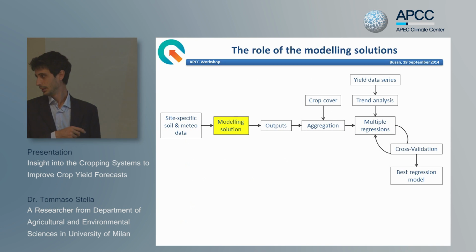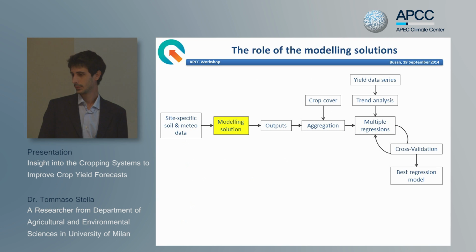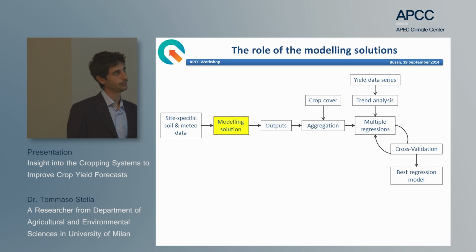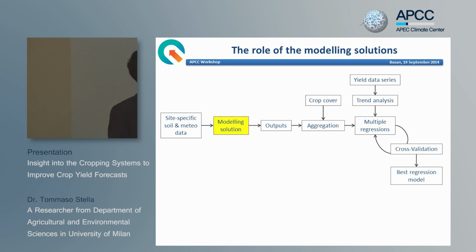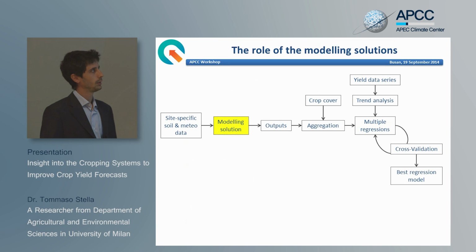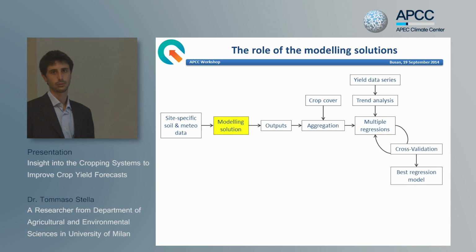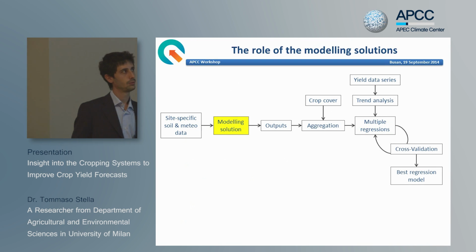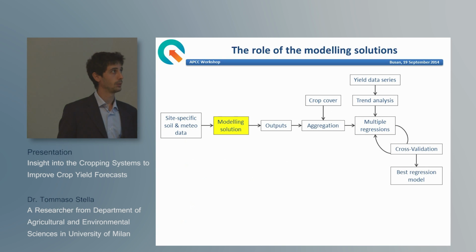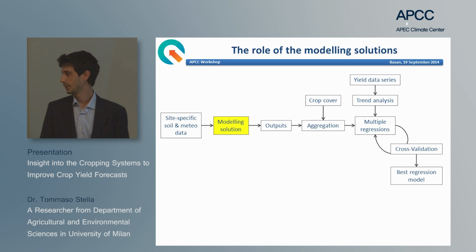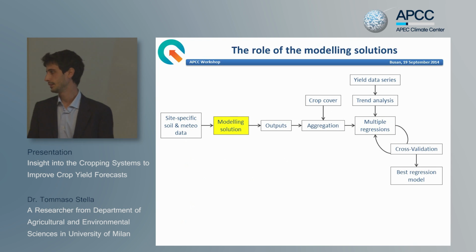This is a typical flow chart of the processes leading to the estimation of yield. And we can see that the modeling solution is a fundamental component, since its outputs, once aggregated at regional or national level, are related to historical yield data series in order to produce multiple regressions or scenario analysis.